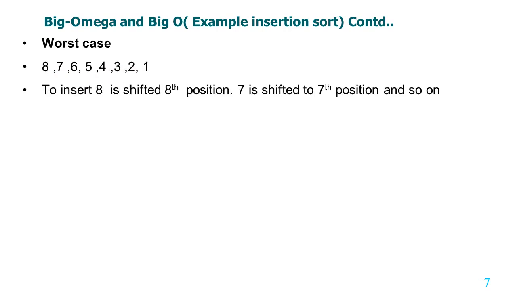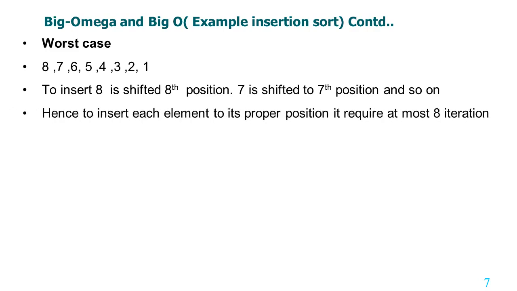To insert 8, it is shifted 8 positions, 7 is shifted 7 positions, 6 is shifted 6 positions. So there will be shifting operations in this case. Hence, to insert each element into its proper position, it requires at most 8 iterations.